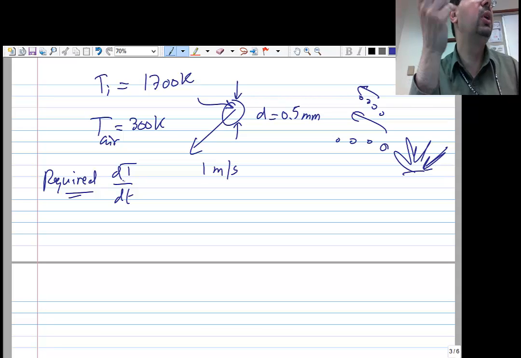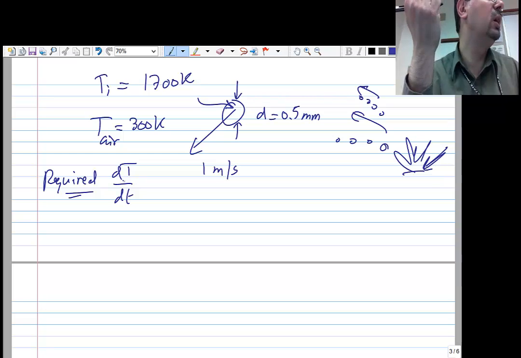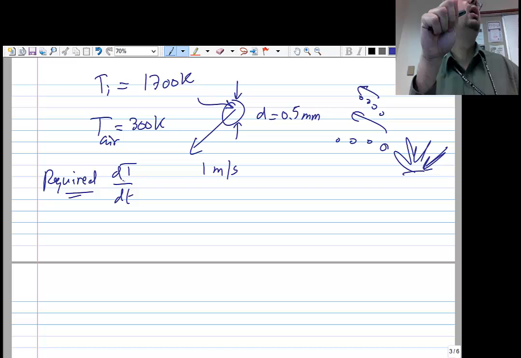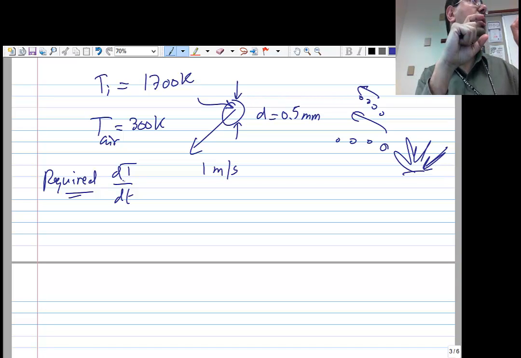Because it's super hot it will radiate like crazy, and because it also has convection around it, it will cool down. He would like to know what that rate is. You're basically trying to figure out how long before the thing will become solid, right?